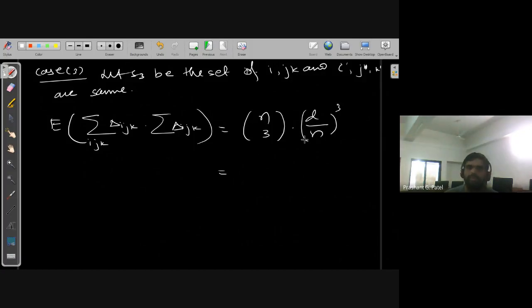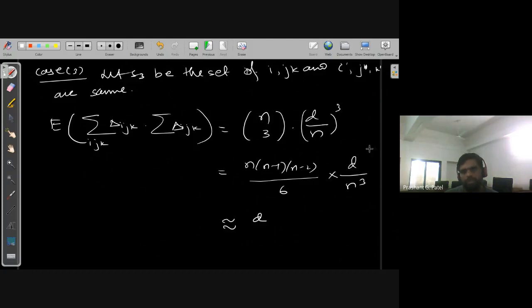And this gives me n into n minus 1, n minus 2 upon 6 into d by n cube. So I can say this is equivalent to d cube by 6, because as n tends to infinity, this goes to 1. So that's why this is d cube by 6.